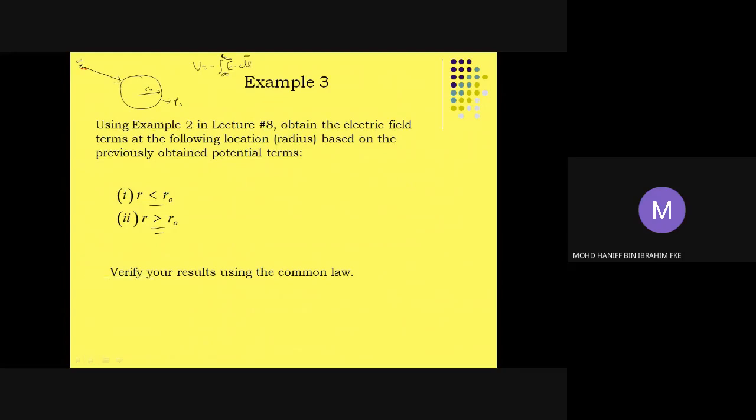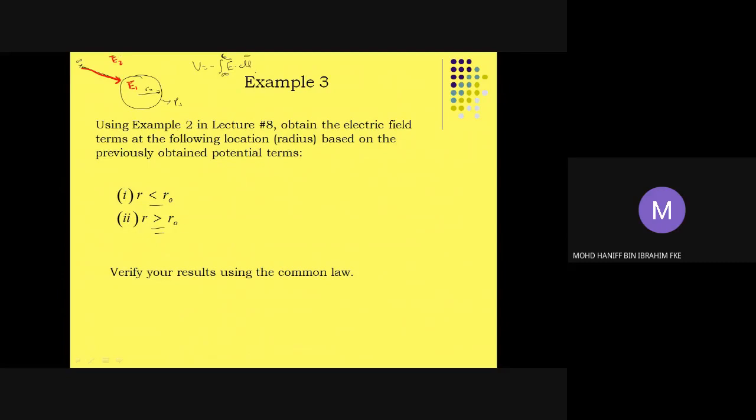In which we segregate the integration depending on the E field, because we know that for this particular case, there are two E field values. The first one is E1, which is inside the sphere, and another one is E2, which is outside the sphere. If you can recall that.